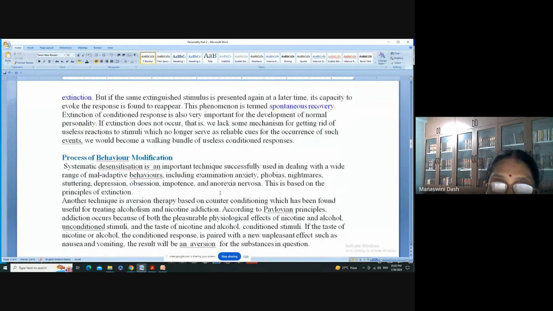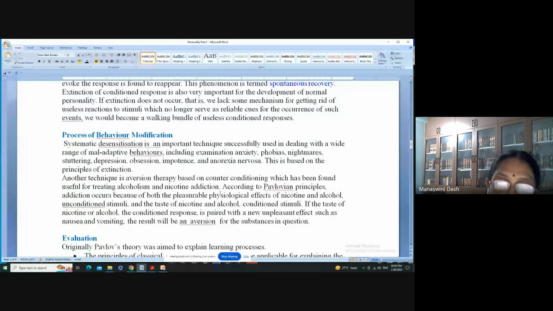So spontaneous recovery and extinction have many adaptive roles in the process of behavior modification. Pavlov suggested several techniques to modify behavior. One of these techniques is systematic desensitization.